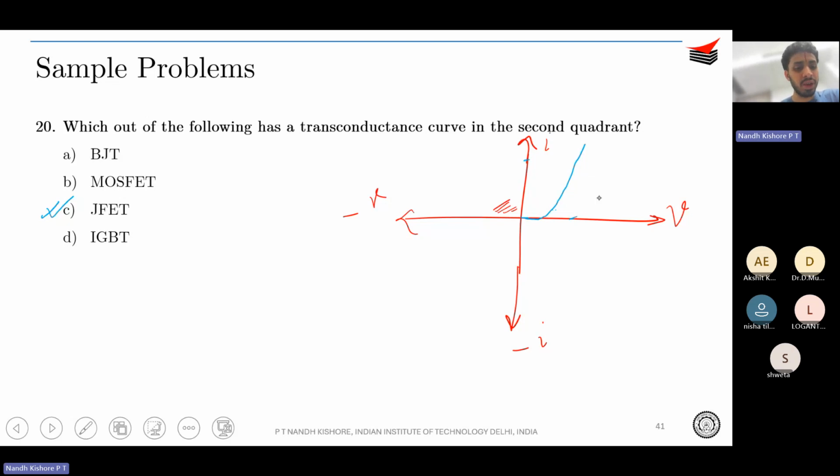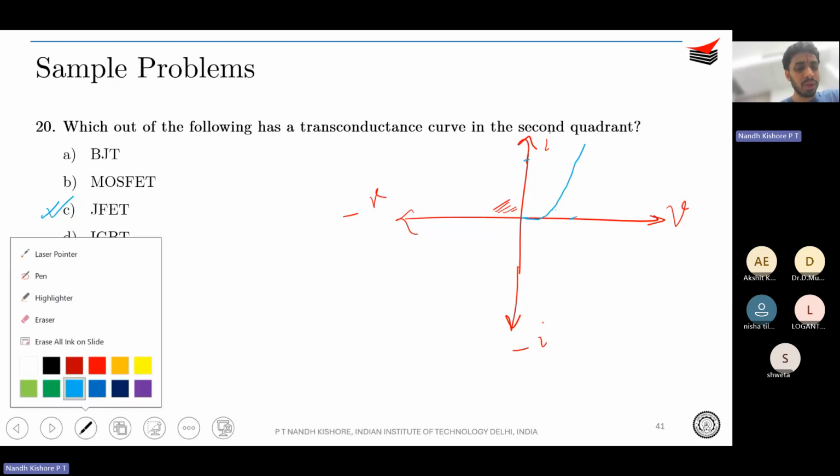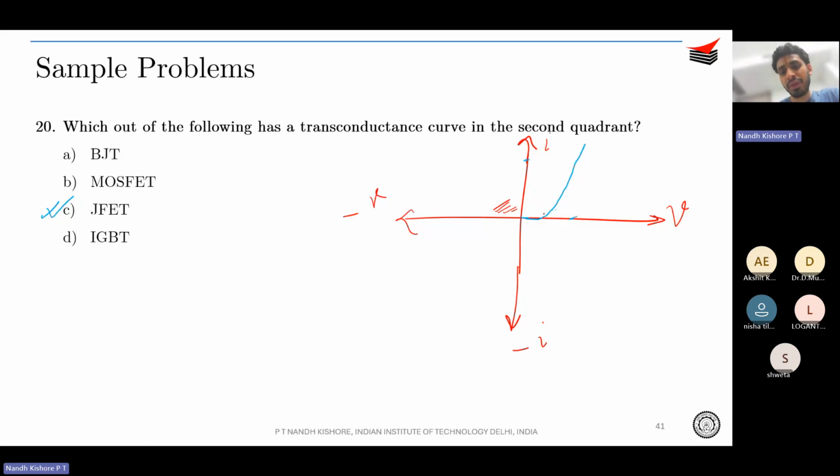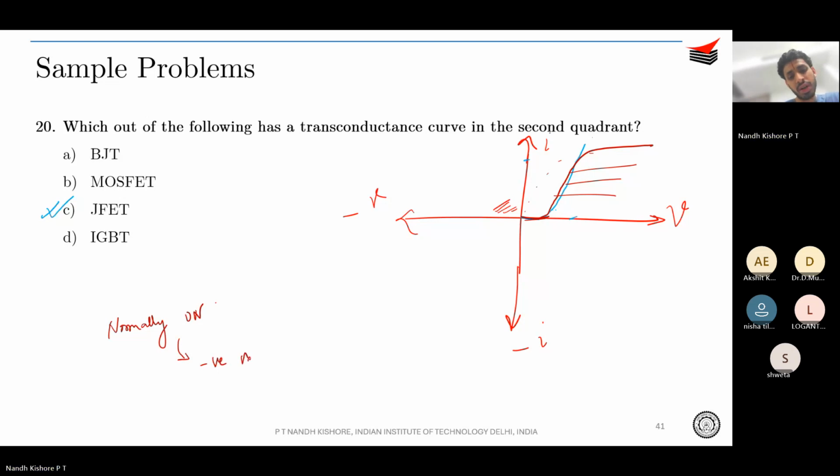And this is for a diode. And what about for MOSFETs? You have elaborately studied about the curves as well. You have something like this. This is for an IGBT, and of course, you have something similar for a MOSFET as well. However, a JFET conducts normally, right? A JFET is normally on, so you need to apply a sufficient negative voltage to turn it off.